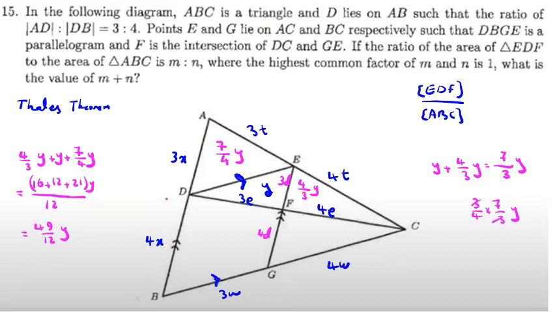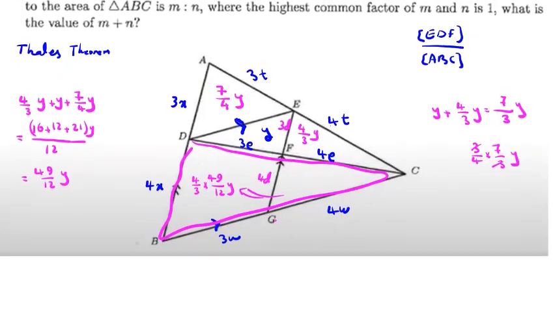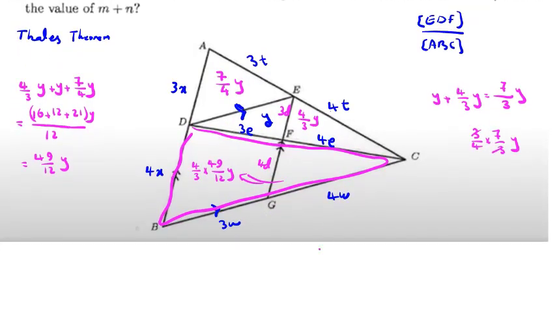And then, because ABD over this is 4 over 3, you can say it is 4 over 3 times 49 over 12y. We can say the answer is the sum of them, so it will be 49 over 12y plus 4 over 3 times 49 over 12y.